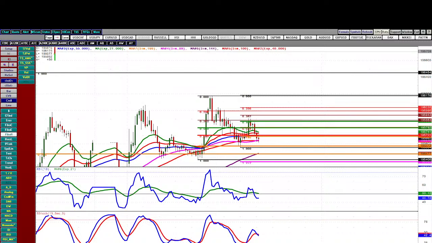We must see a break of 196.20 or 25. This is the condition we need to see, and we need to play the game accordingly. So this is the next level we are looking at.